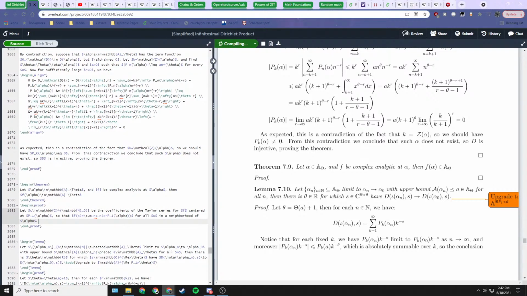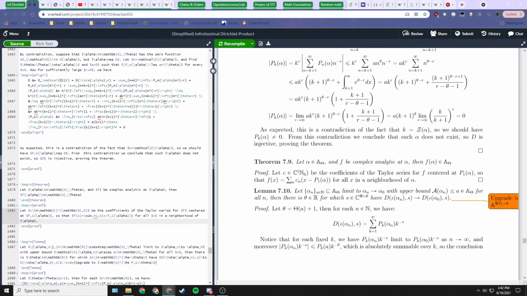I think we actually don't need that. We can actually just say that we can calculate.